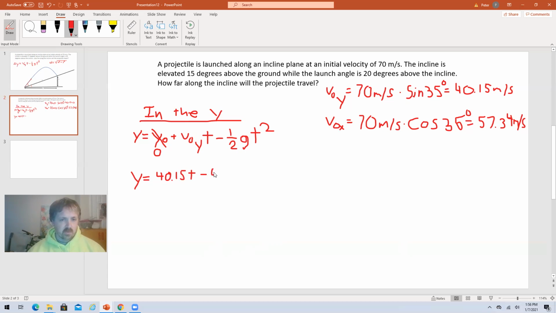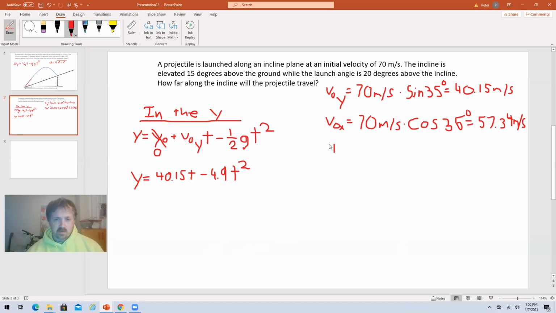So minus 4.9 times t squared. So you can see that if you knew what t was, you could know what y was, okay? So what we need is another equation for y, okay? So that we can set those equations equal to each other and then just do the necessary algebra to solve for t. Okay? So let's get another equation for y, okay?